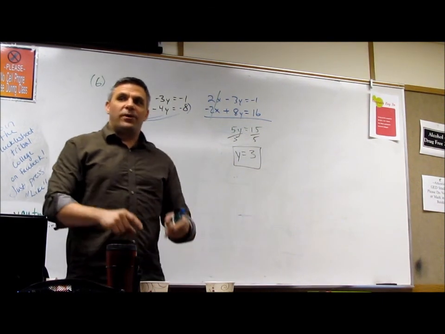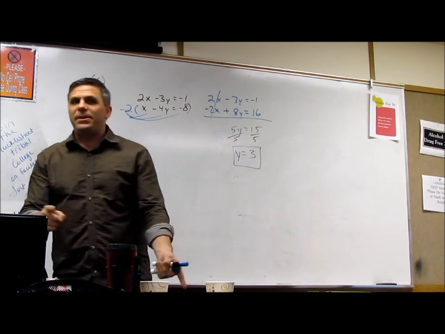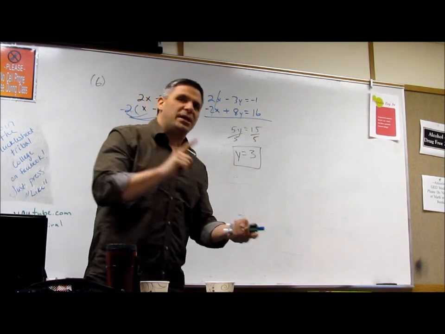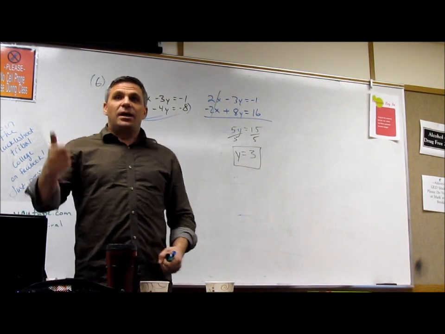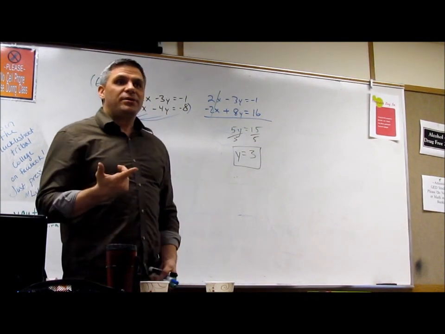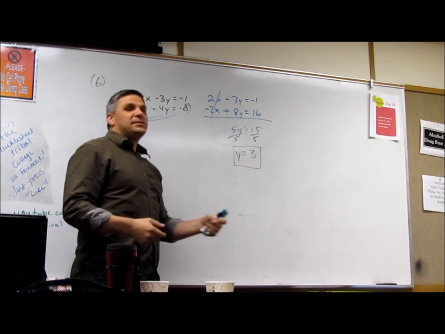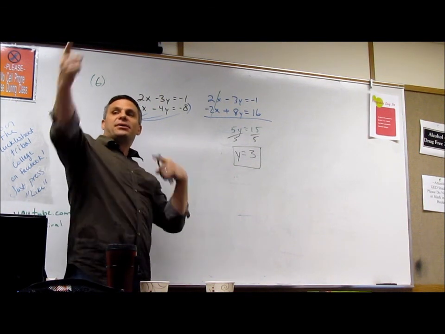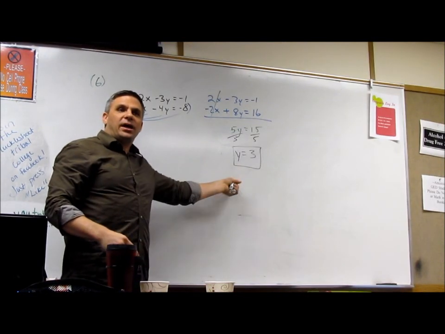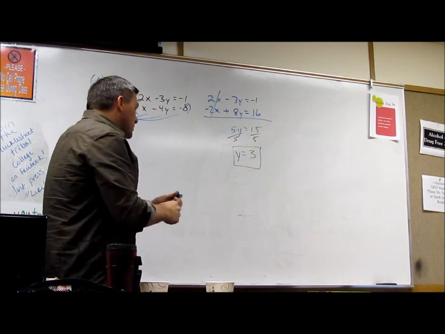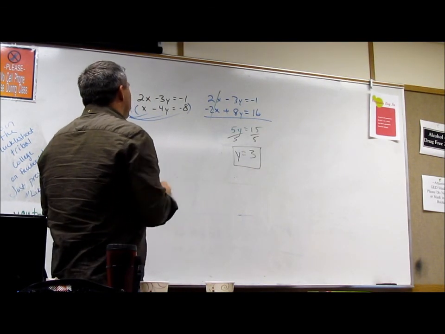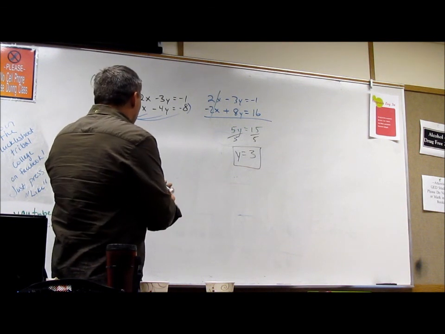Yes. Therefore, it can't be dependent. It can't be inconsistent. So it's not parallel, and it's not the same line. They cross. Where do they cross? That's half my solution. I have to find the other half. That's 1 out of 2 variables. 1 out of 2 is half. So now, what's the easiest variable? And take a look up here.